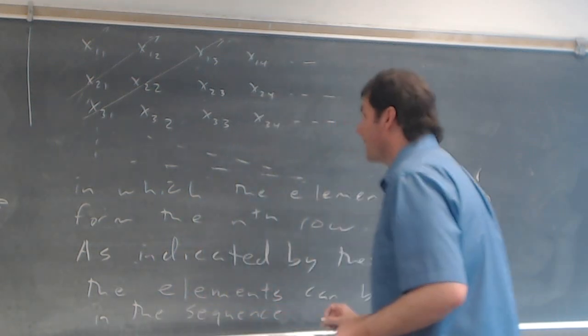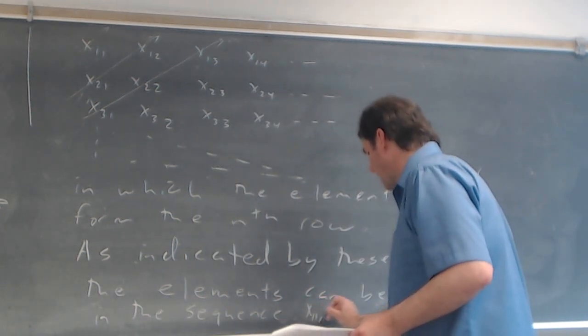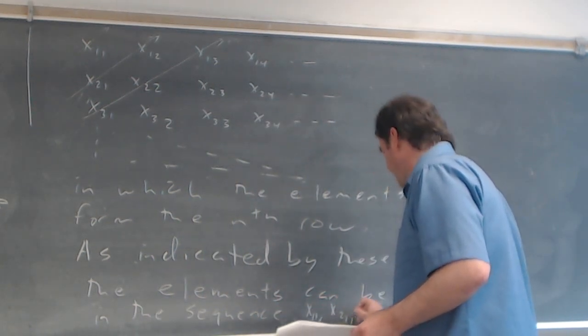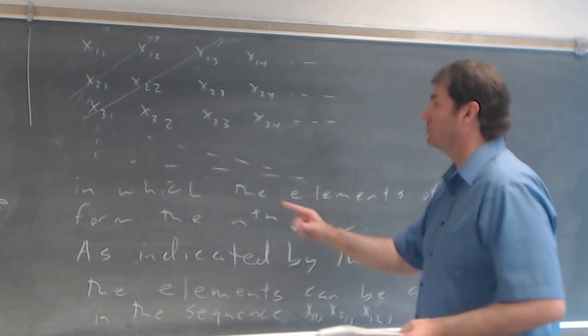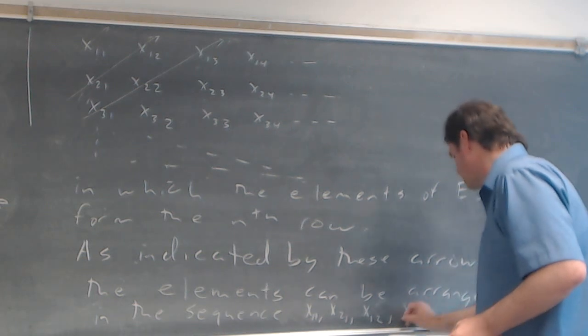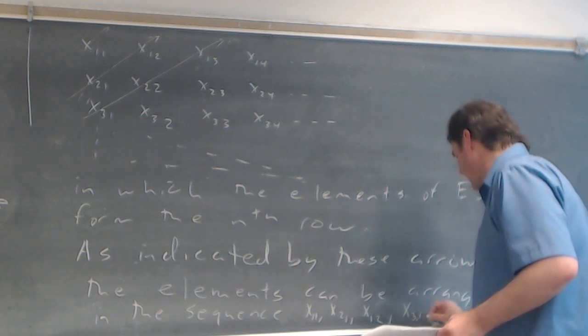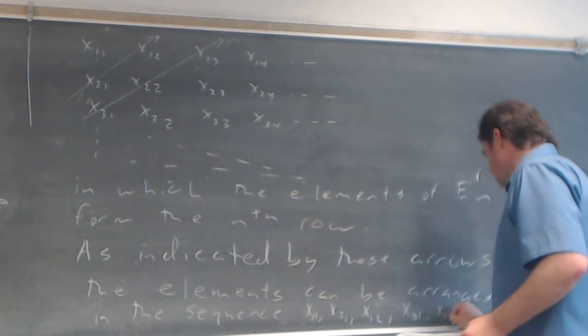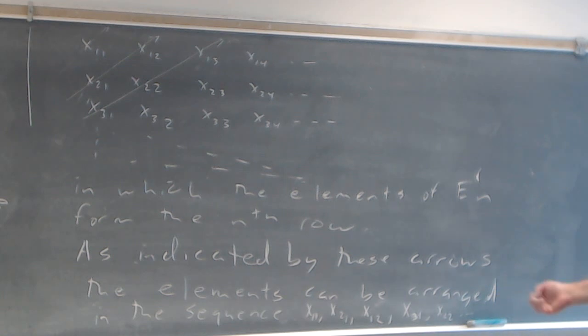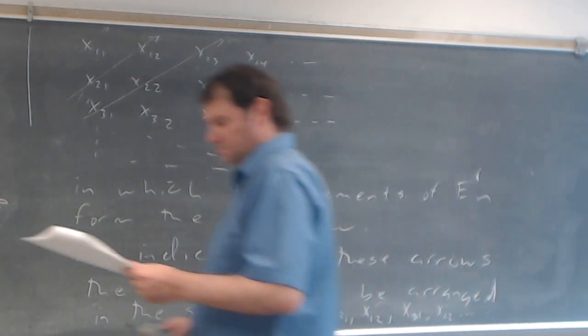Our sequence is x11, then x21, the next one is x12, the next term is x31, the next term is x22, and so forth. So we can make a sequence out of it.